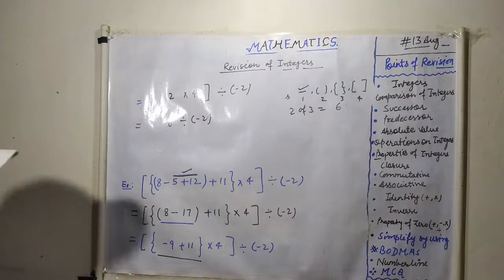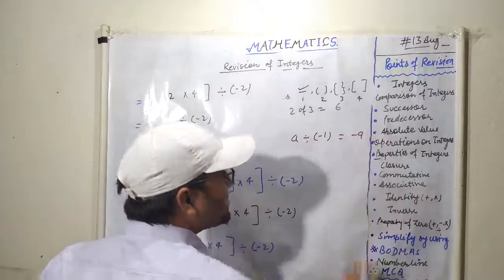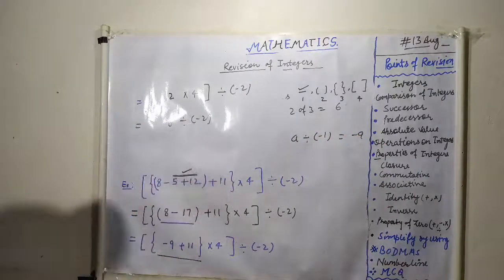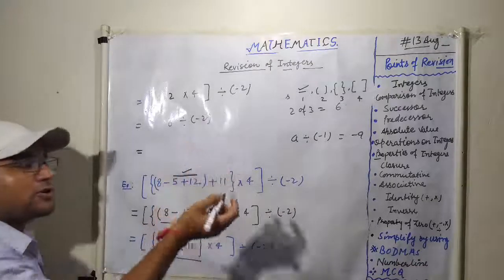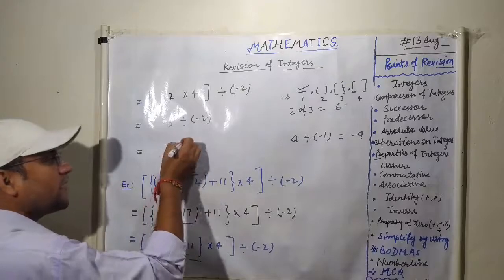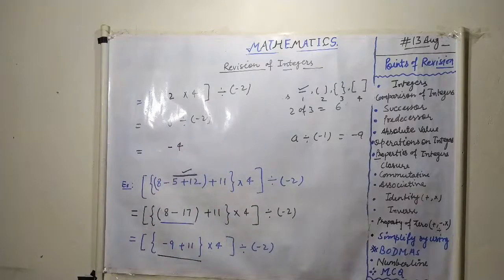I told you that when a is divided by minus 1, you get minus a. Here it is divided by 2, so first you divide and then put the negative sign. 8 divided by 2 is 4, and here is a minus sign, so you write the minus sign. So your answer is minus 4 for this case.